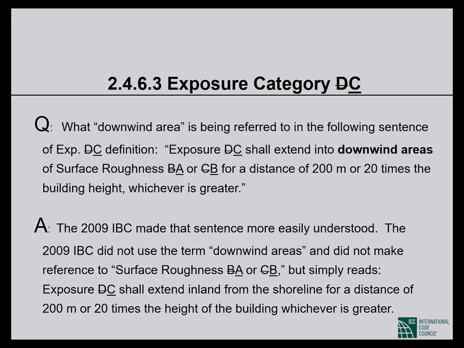This is much, much better. So exposure C shall extend inland from the shoreline for a distance of 200 meters or 20 times the height of the building, whichever is greater.